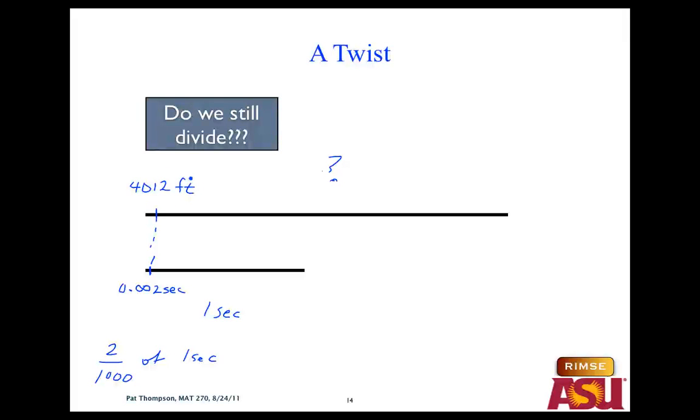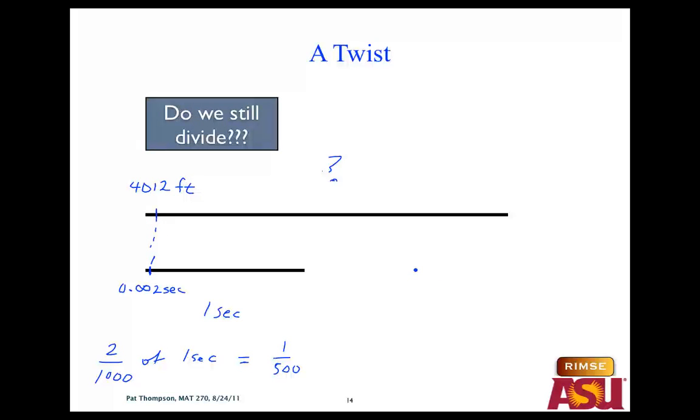So you want to take the 4012 and multiply it by 2 1,000ths. Oh, sure, that's okay. Keep going. We divided by the 2 1,000ths. Okay, so 2 1,000ths means how many little pieces do we have? 500. Yeah, so that's the same as 1 500th, right?